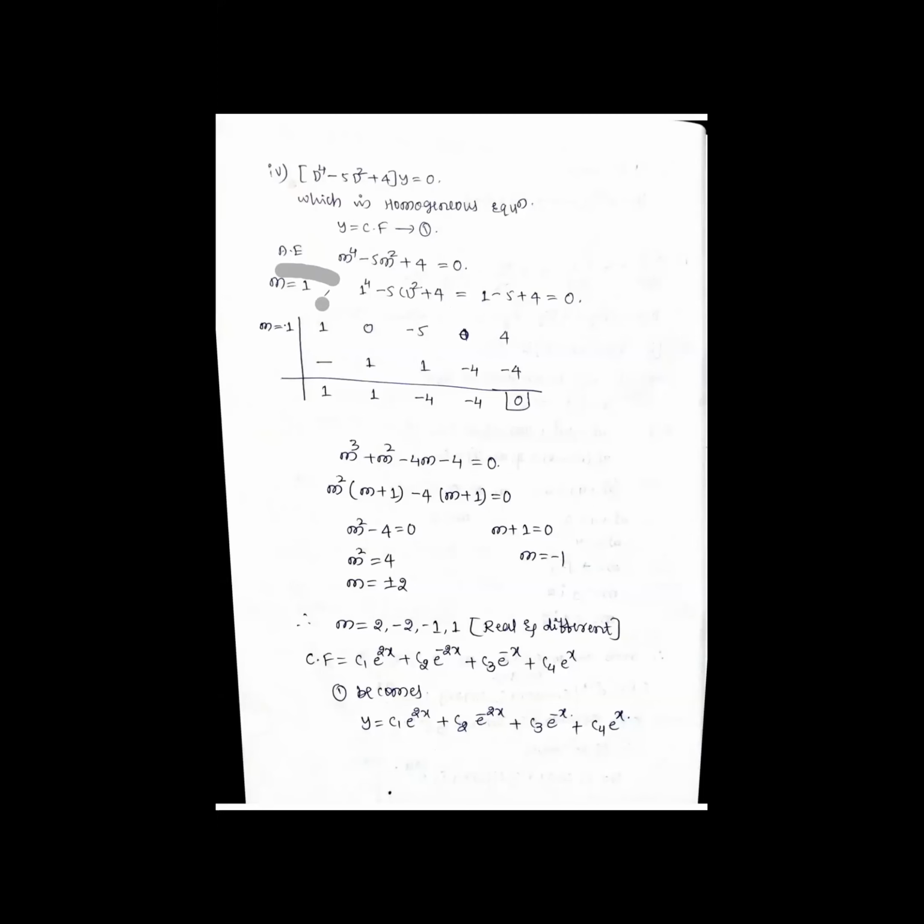Okay, you substitute m equal to 0: 0 raised to 4 minus 5 into 0 square plus 4. What answer are you getting after substituting? 4 you are getting, but you should get 0. So there you can stop, and that will be your one root.